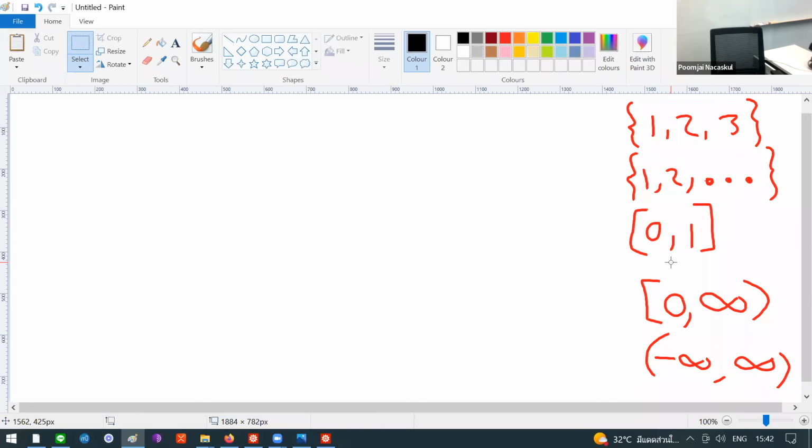There are five types. Now, if I start with 1, 2, 3, I can also start with 7, 8, 9. But if I start with 7, 8, 9 and I don't stop, it's roughly the same thing as this. It's just countable, but not finite. So finite means there are so many elements. Countably infinite means infinite, but you can count 1, 2, 3, 4, 5.